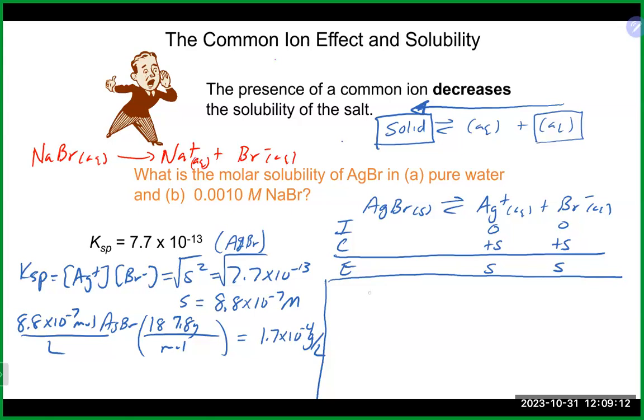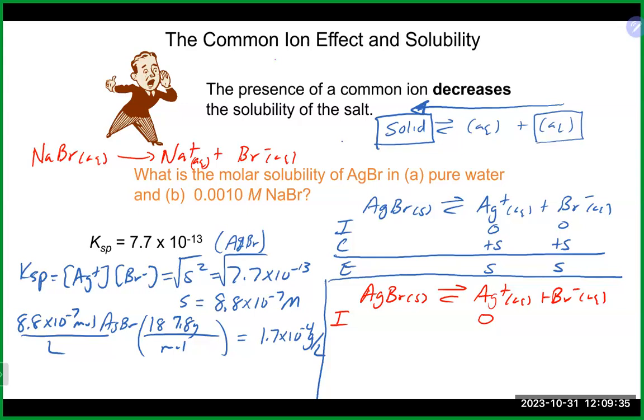And in this case here, if we set up our equilibrium, which is going to be our silver bromide, which is the only thing that will set up an equilibrium, our ice table will look slightly different. We will initially have none of the silver, but in this case, do I have any of the Br minus? Yeah, I do, and it's coming from the sodium bromide.